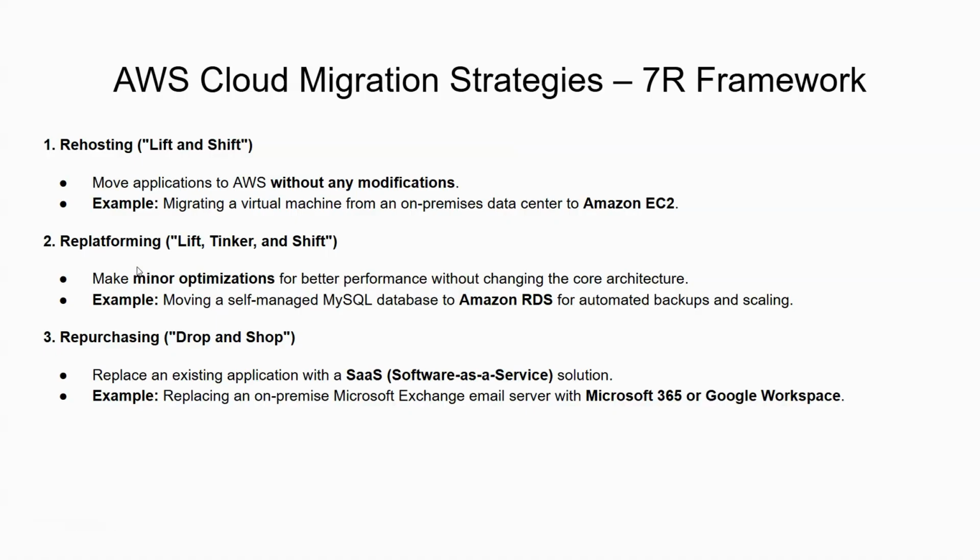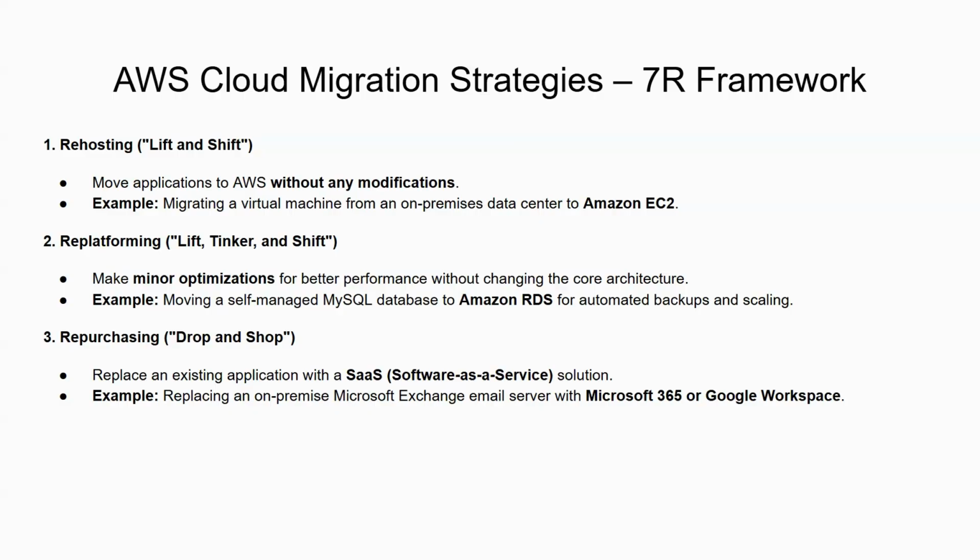For example, here I have mentioned Microsoft Exchange Server with Microsoft 365, but you can use any SaaS service for monitoring, cost optimization, or scaling, anything. With software as a service, you pay for how much you use a particular service.